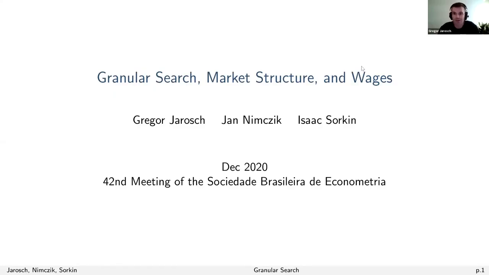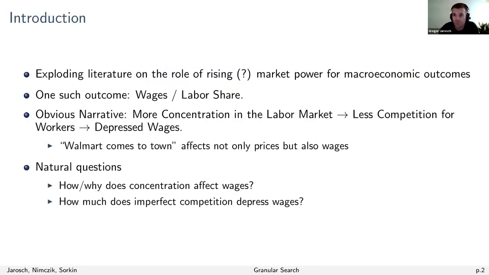This is joint work with Jan Nimczyk, who is an assistant professor in Berlin at ESMT, and Isaac Sorkin, who's at Stanford. The paper, broadly speaking, joins a fairly sizable literature that is after the relation of market power and a host of macroeconomic outcomes.